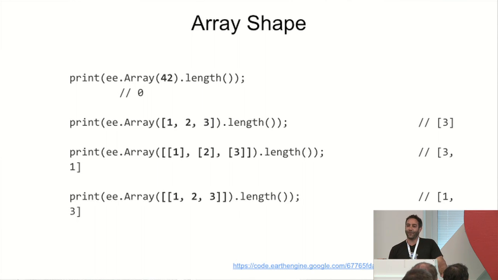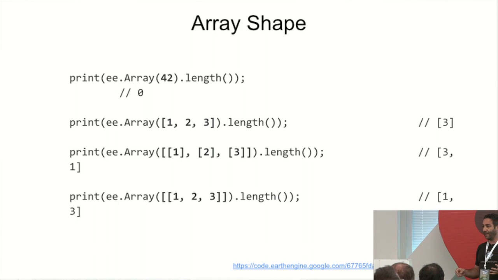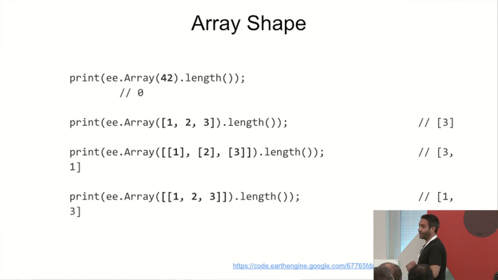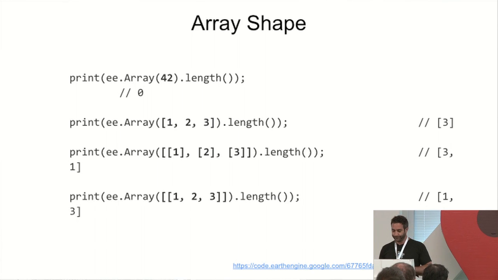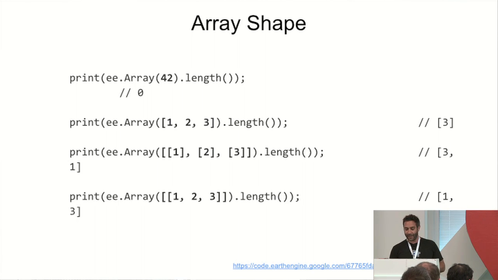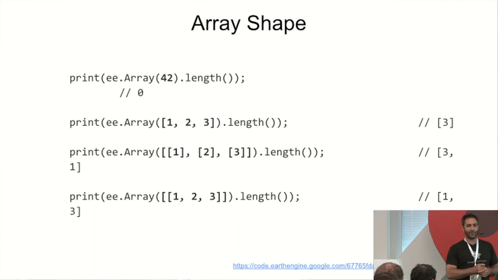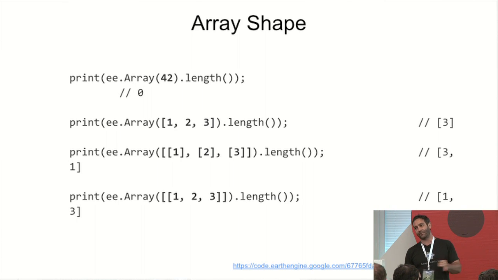If you call length on a 3x1 vector, you get the dimensions as a new array, specifically 3x1, or the length of the 0 axis and the length of the 1 axis. On the other hand, call length on a 1x3 array, and it's going to tell you that the length of the 0 axis is 1 and the length of the 1 axis is 3.